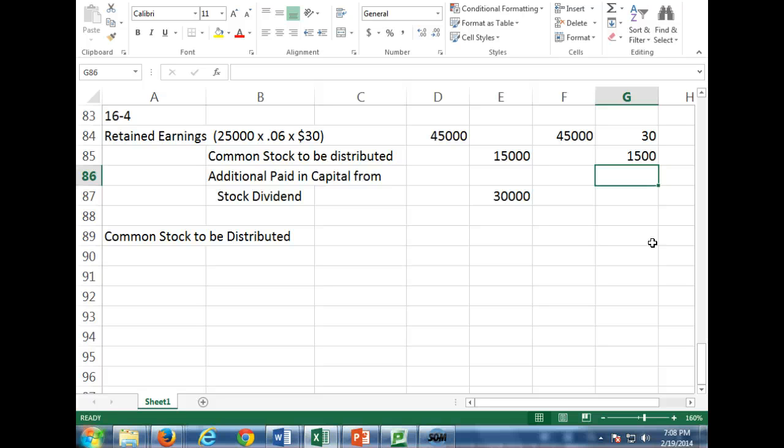But what is the par value? 10. Guys, it's really not tricky, but it can confuse you. Remember that the common stock at par value goes in one location, and then everything over that par value goes in additional paid-in capital.